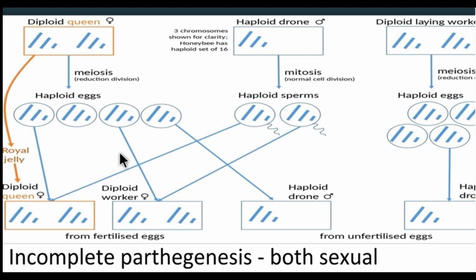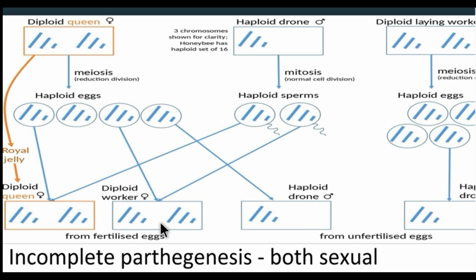Next, the same kind of haploid egg joins another haploid sperm to form a zygote, and the chromosome number is diploid. These are all workers, female. Here is a queen, also a female insect.